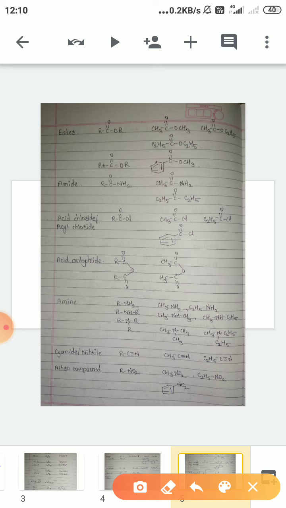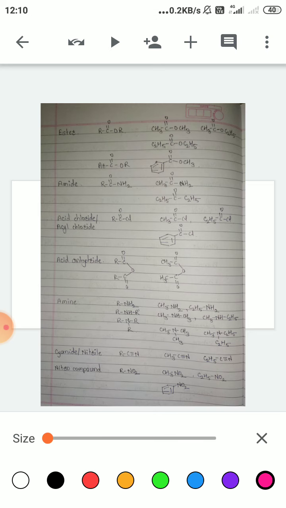Amines are ammonia derivatives. The formula for ammonia is NH3. If one, two or three hydrogen atoms of ammonia are replaced by alkyl groups, they are called amines.